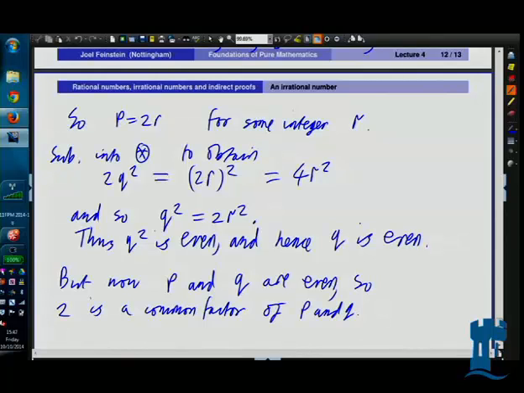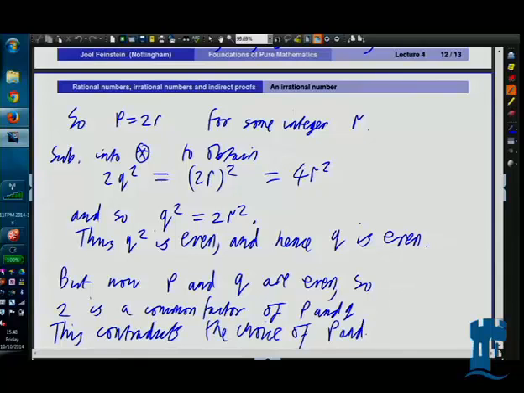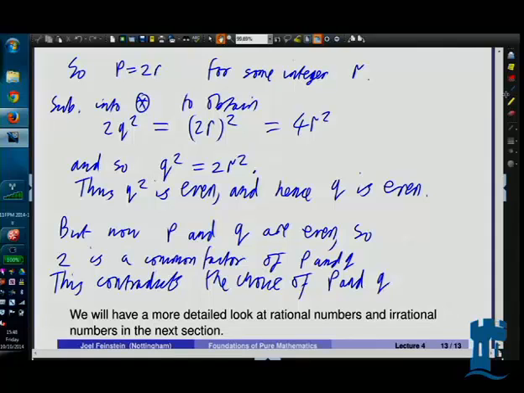But we said that the highest common factor of p and q was 1. This contradicts the choice of p and q. So that's a contradiction.